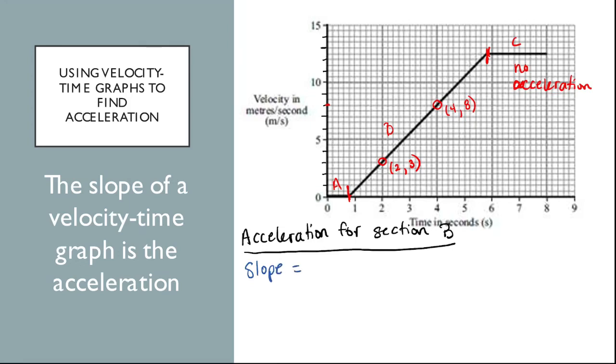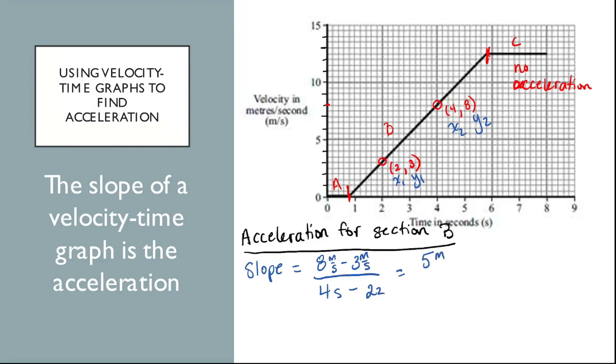So again, here I'm going to do x1, y1, x2, y2. And I'm not even going to write it out now. So we can do 8 meters per second minus 3 meters per second divided by 4 seconds minus 2 seconds. Okay, what do we got?